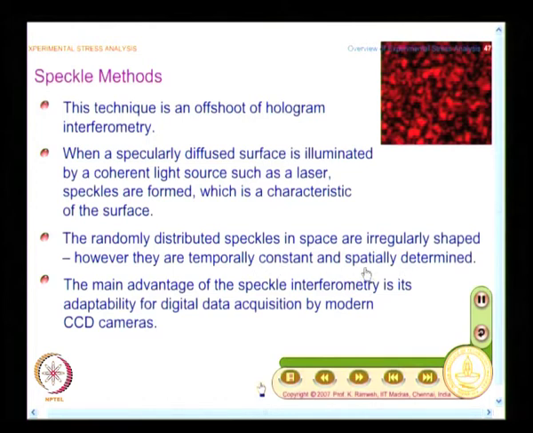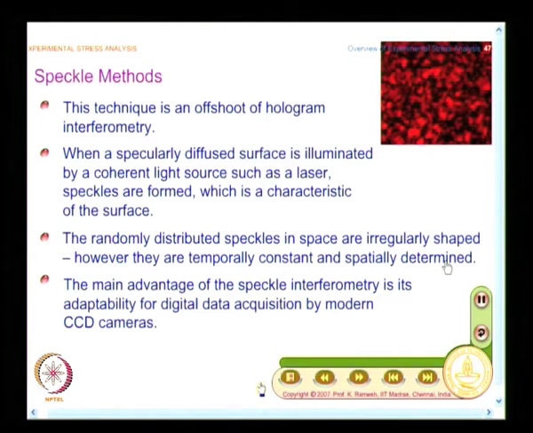If they are totally random and change as a function of time and space, we will not have speckle interferometry. What we find here is, you have randomly distributed speckles in space, they are irregularly shaped, however, they are temporally constant and spatially determined.